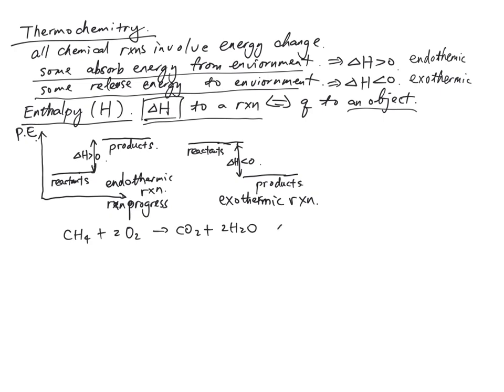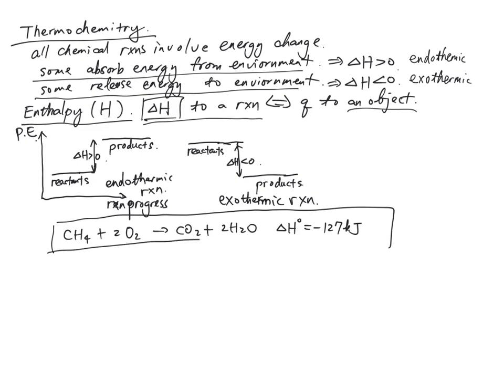But if I put a delta H together with it, and we say delta H naught or delta H standard is negative 127 kilojoules. Now, these two pieces of information together makes this equation a thermochemical equation.